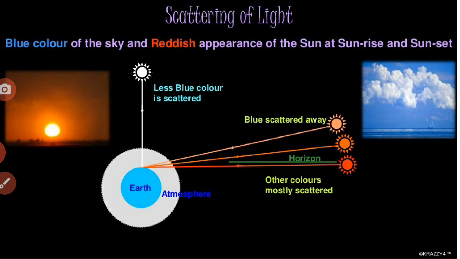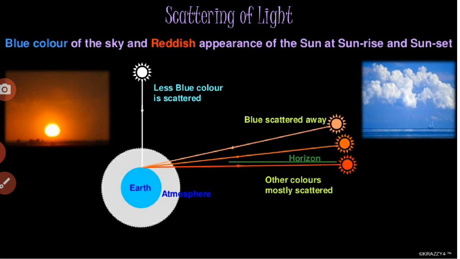The light from the sun near the horizon passes through a thicker layer of air and a larger distance in the Earth's atmosphere before reaching our eyes. However, light from the sun overhead would travel a relatively shorter distance.